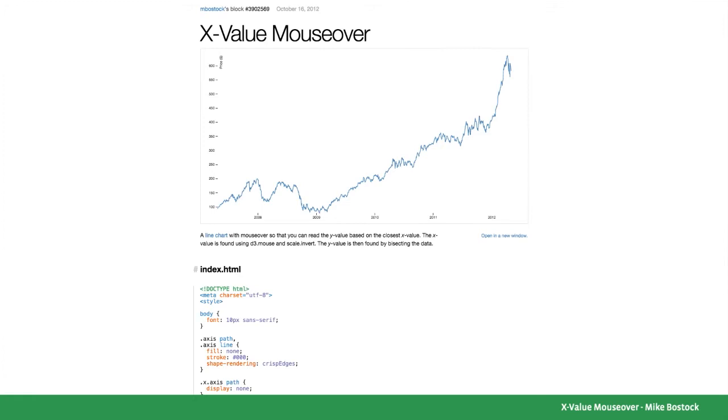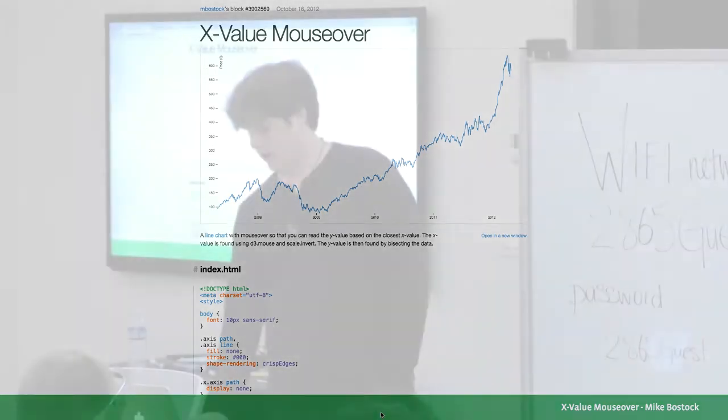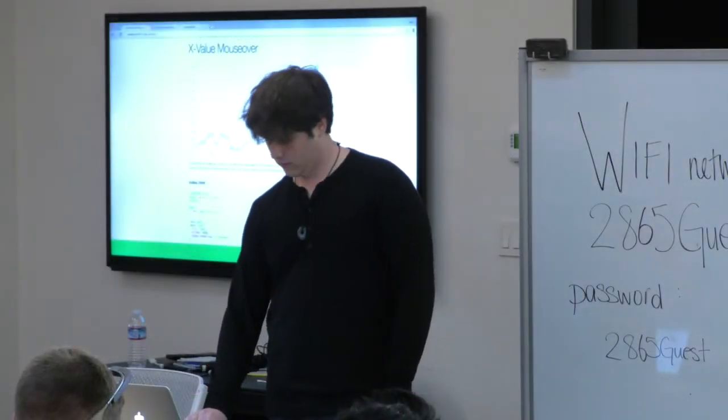So I must move my mouse all the way around in order to get access to the information. Apply that same concept, do an x value mouse over, and the interaction is much, much more fluid. This makes Fitts's law effectively no longer a problem for the visualization because the interactive area is so large.